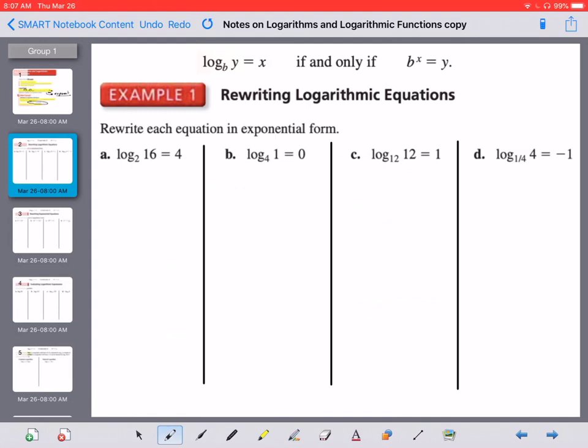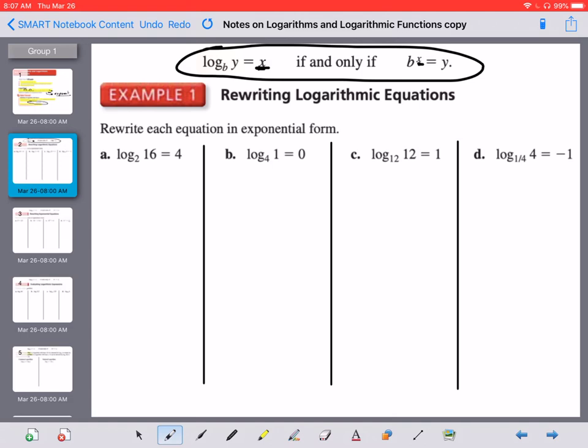So we've got a little reminder at the top about how we can transform one to the other. I want everyone to keep in mind that this x is just the exponent of the original.